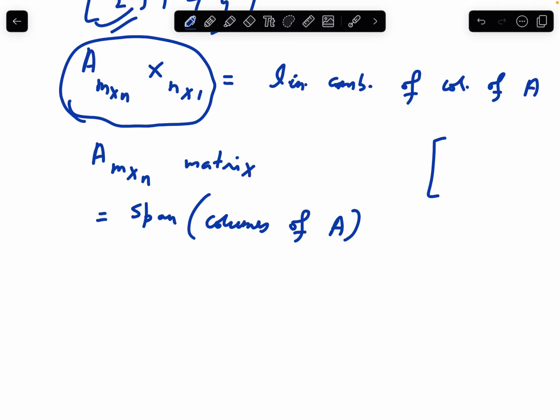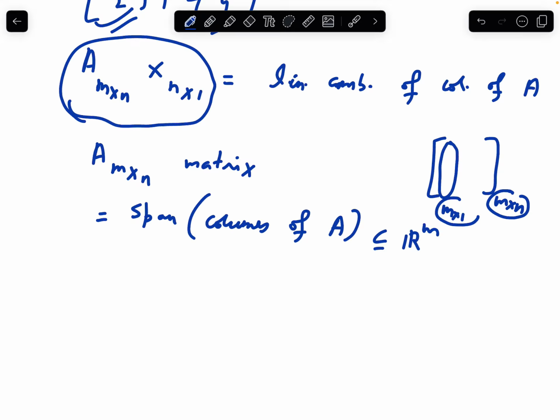So columns, m by n. Columns are here, right? So columns are basically m by 1 vectors. So span is actually a subspace of Rm, right? So a subspace of Rm.